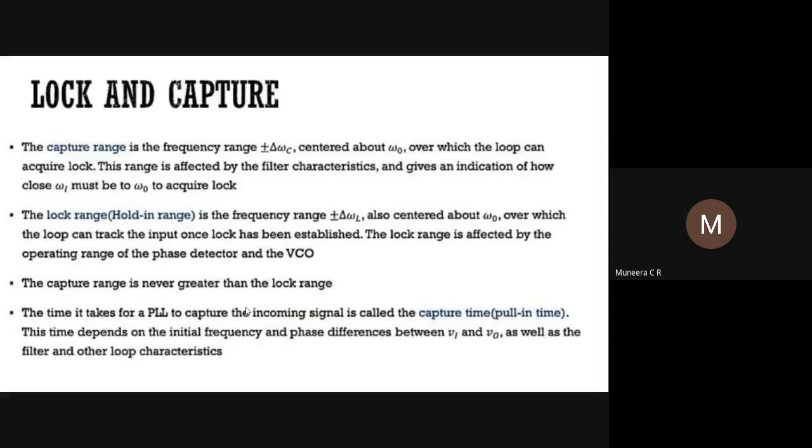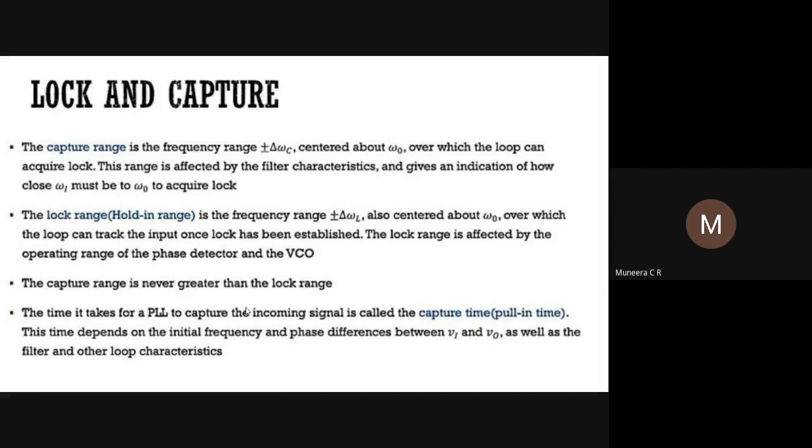Here we have certain definitions: lock range and capture range. The capture range is the frequency range plus or minus omega c centered about omega 0 over which the loop can acquire lock. This range is affected by the filter characteristics.